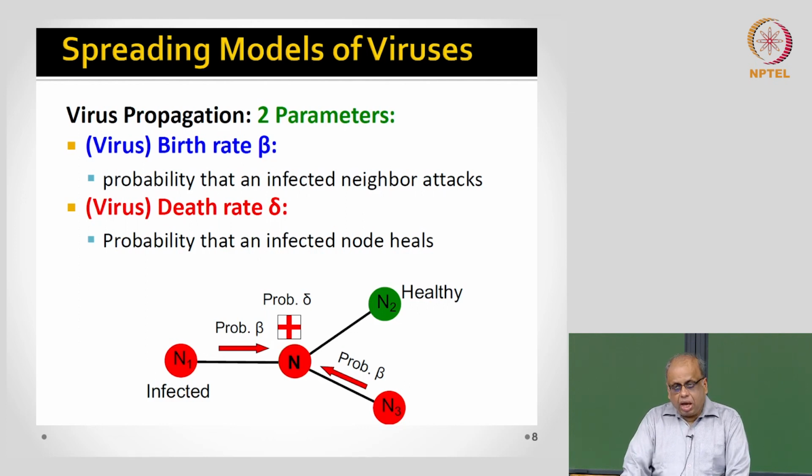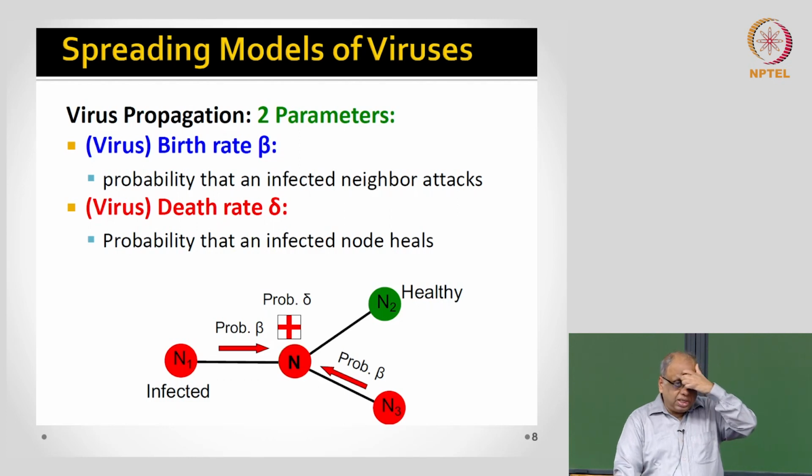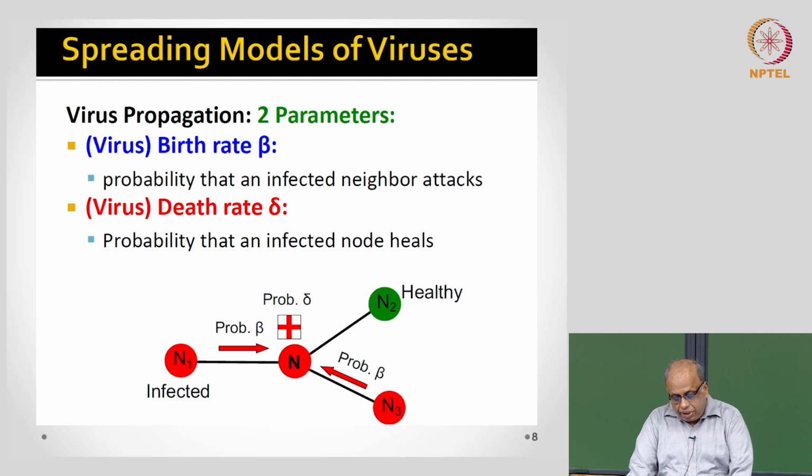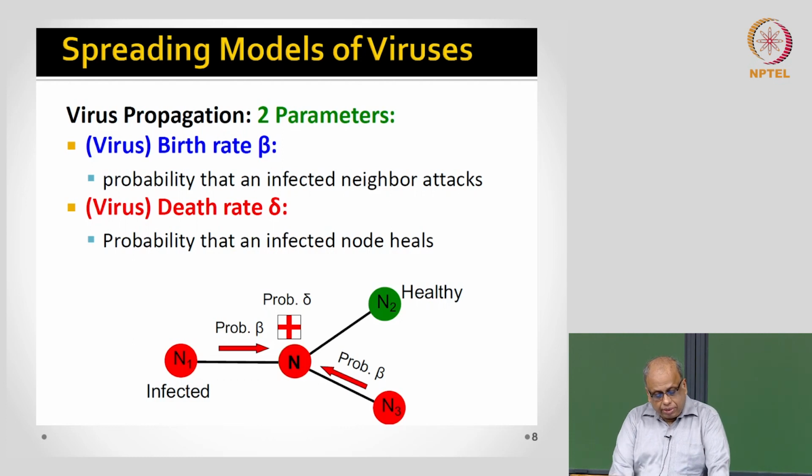And how do people do this prediction? They do it based on various epidemic models that have been created. For these epidemic models there are two things that are important. One is the birth rate, the probability that an infected person will infect a new person, so that is what is meant by birth rate here.